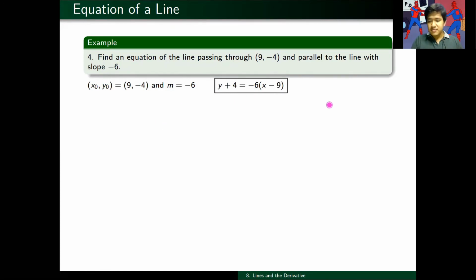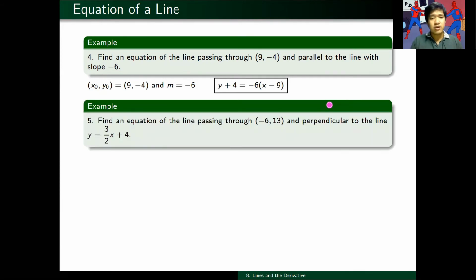Okay. Let's make it a little bit less simple. This time, I'm looking for the equation of a line passing through negative 6, 13 and perpendicular to this line. Given yung equation ng isang line, no? Hanap daw ako ng line na perpendicular dito at ito ay dumadaan sa point na to.